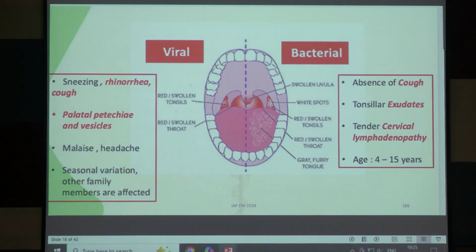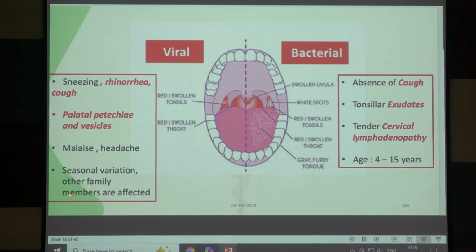In viral sore throat, there will be more sneezing, rhinorrhea and cough. In bacterial, cough will be absent. In viral sore throat, there will be palatal petechiae and vesicles.